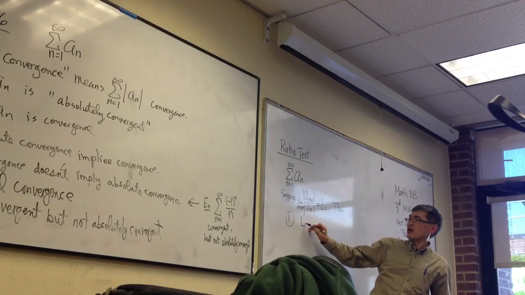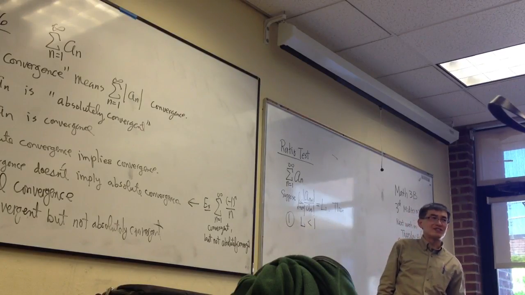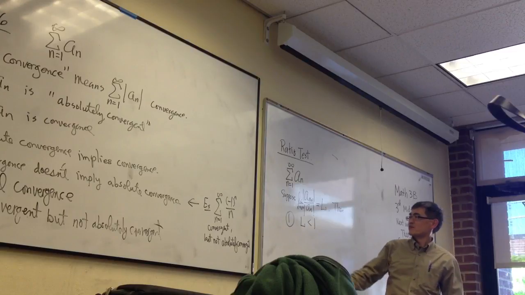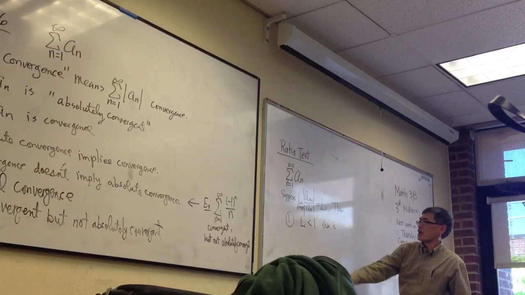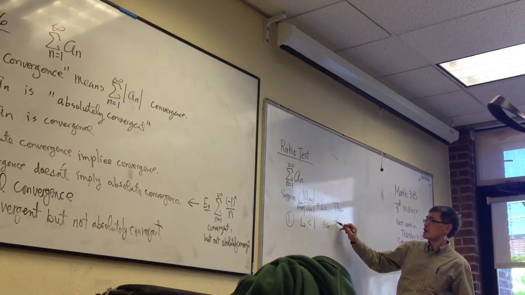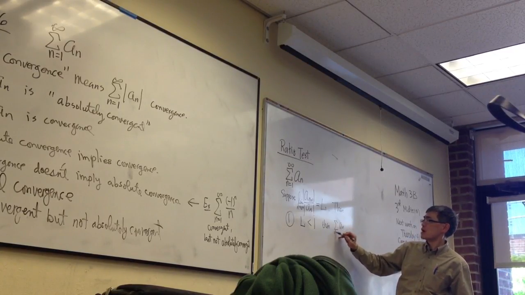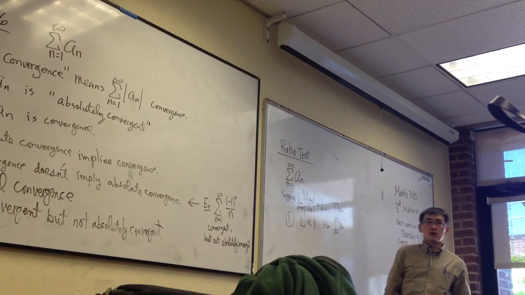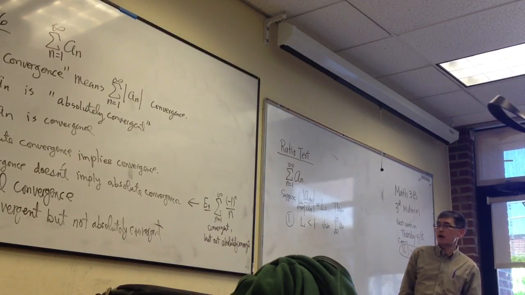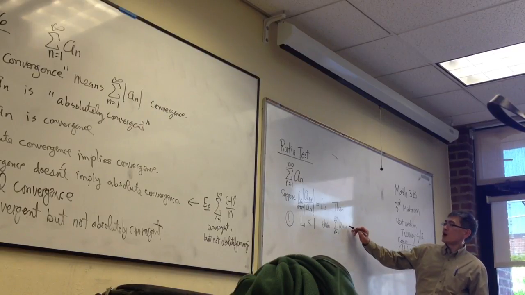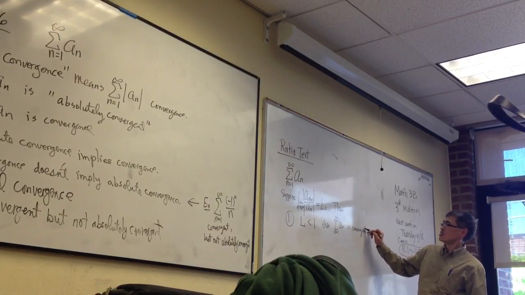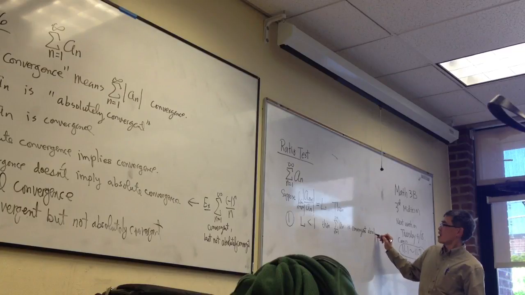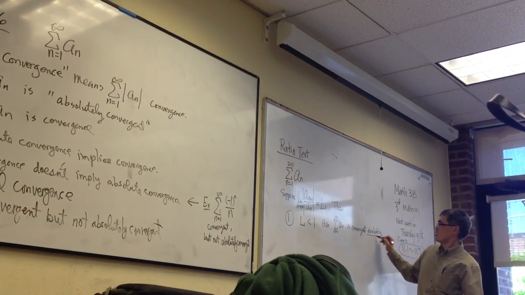If L is less than 1, then the original series, which may not be a positive series, could have negative terms, alternating terms, or any kind of pattern, then this one is convergent. What? Absolutely.